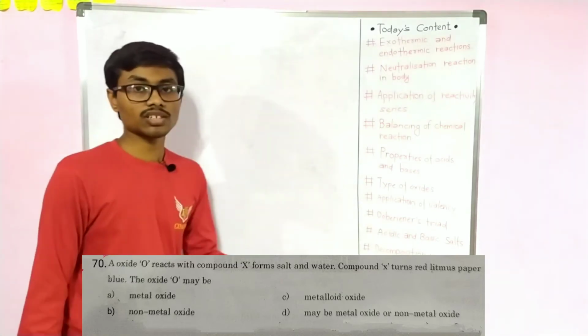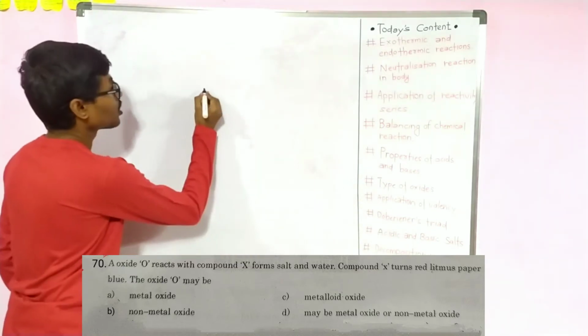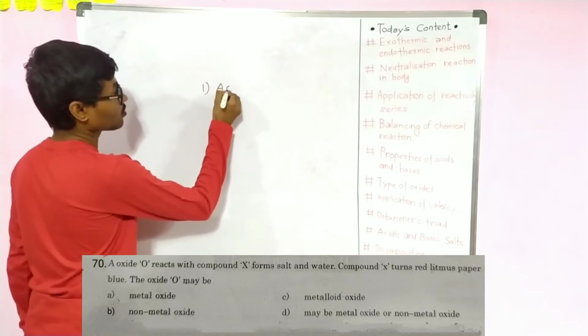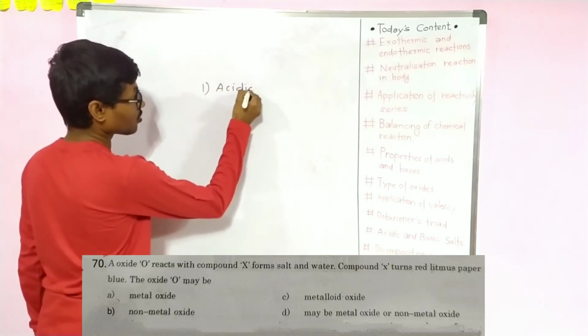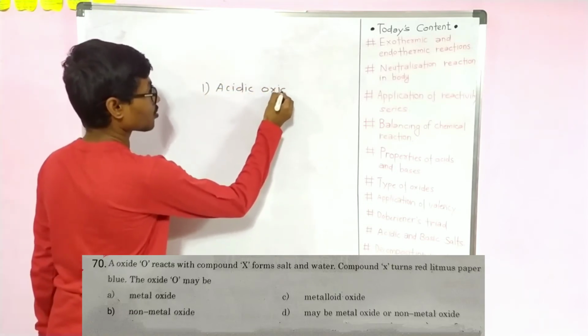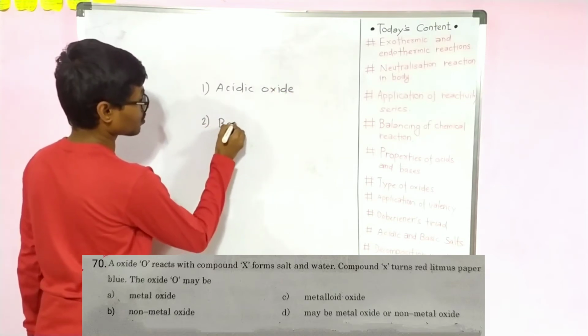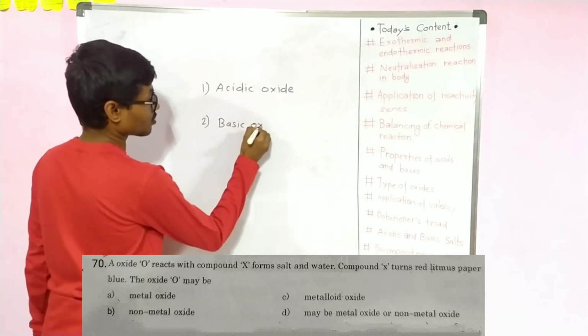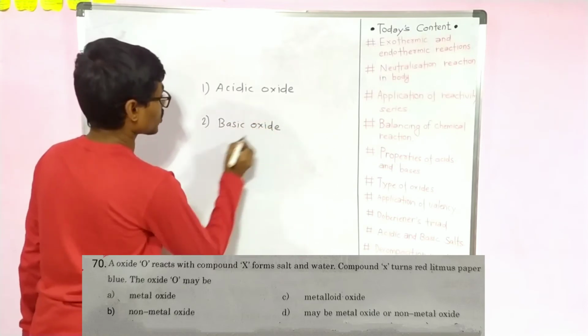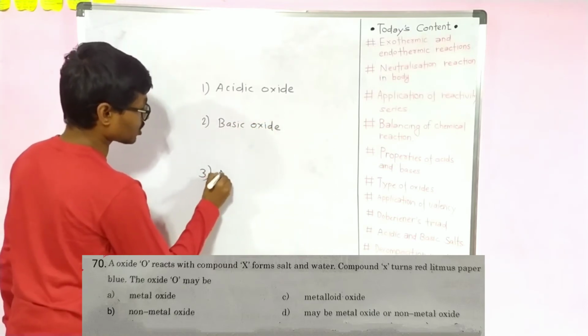Number one, acidic oxide. Number two, basic oxide. And number three, amphoteric oxides.